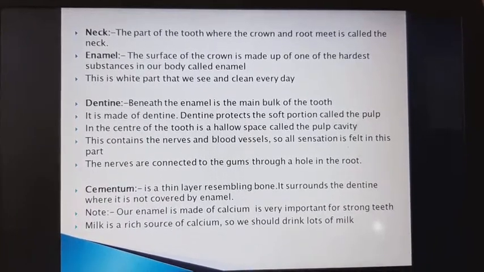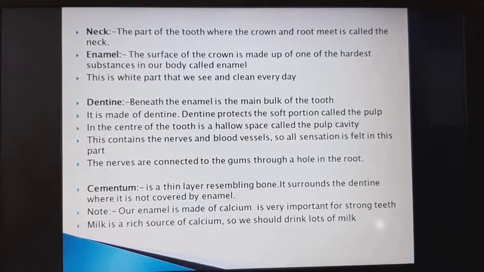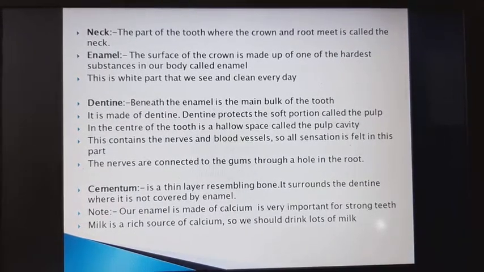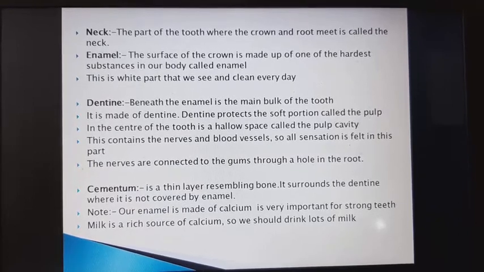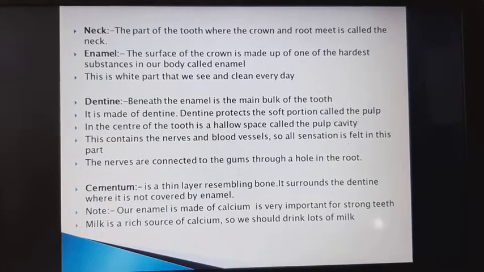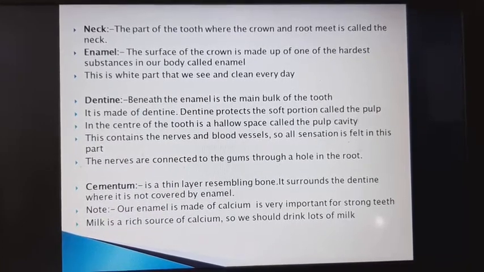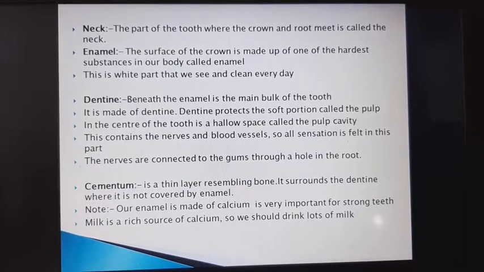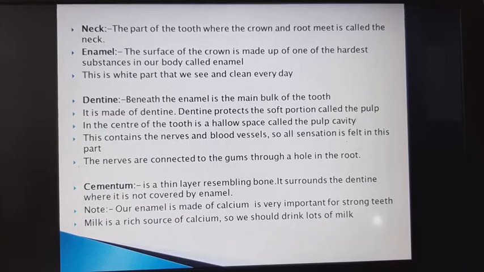The part of the tooth where the crown and root meet is called the neck. Enamel. The surface of the crown is made up of one of the hardest substances in our body called enamel. This is the white part that we see and clean every day.